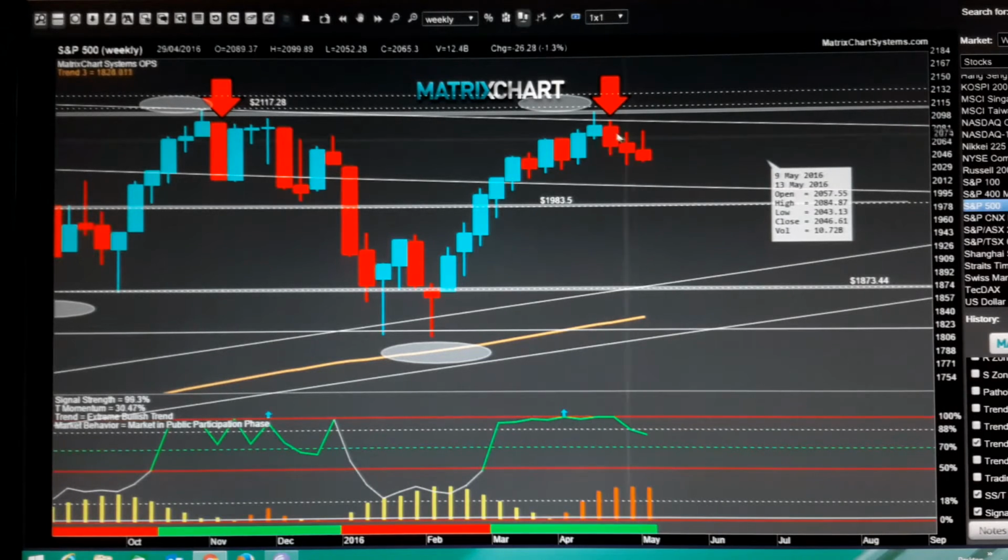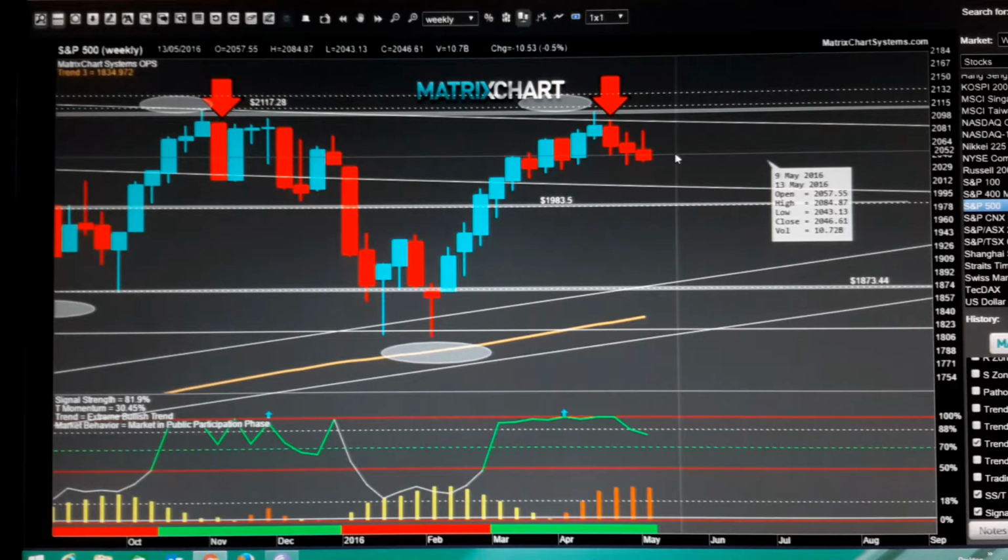So in the shorter term, you can see there's a bearish chart pattern, lower low, lower high. Moving forward, I'm expecting the price action to move to this horizontal line, 1983. Last week's closing is 2046.